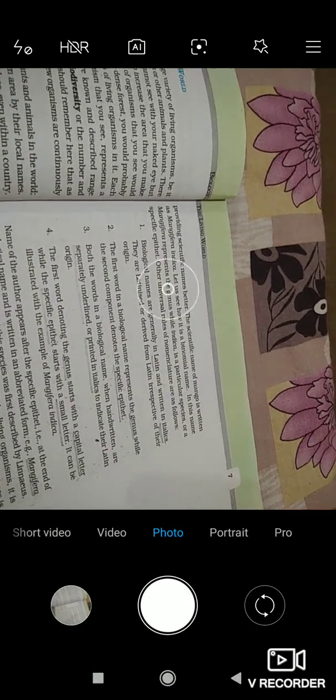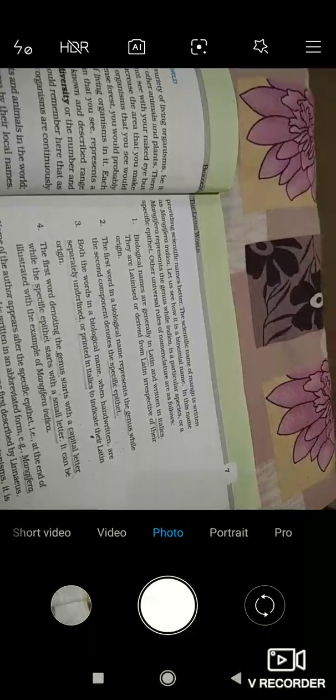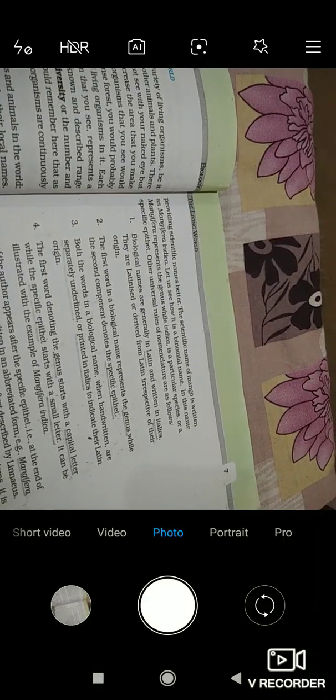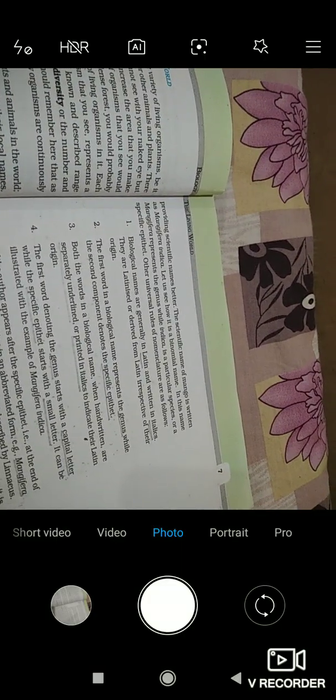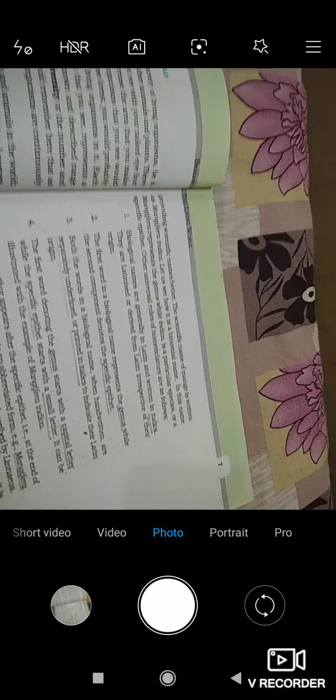So Magnifera is also known as genus and indica is also known as specific epithet. So not only in this name of mango, in every organism's name there will be two words, and the first word will be the genus and the second word will be the specific epithet.